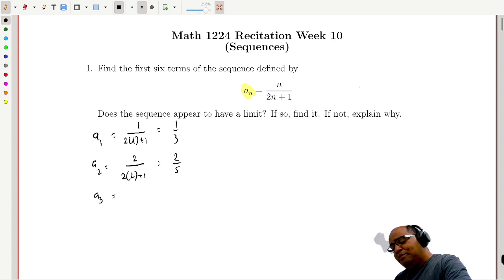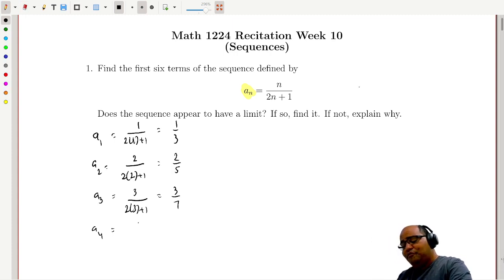And then you can figure out the pattern here. When we plug in n equals 3, we'll get 3 over 7. Sorry, that should be a 3 on top there. Then for n equals 4, we have 4 over 2 times 4 plus 1. That's 4 over 9.